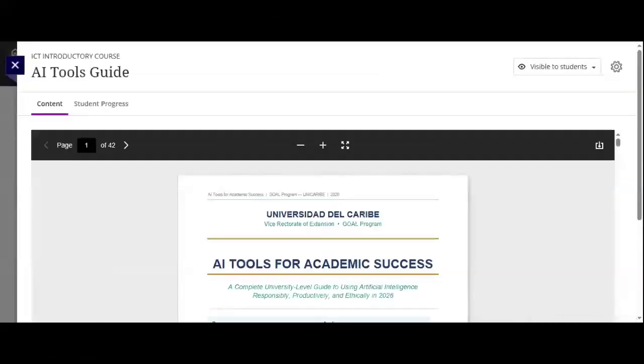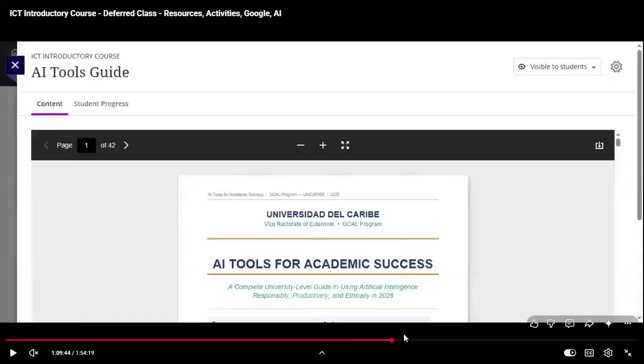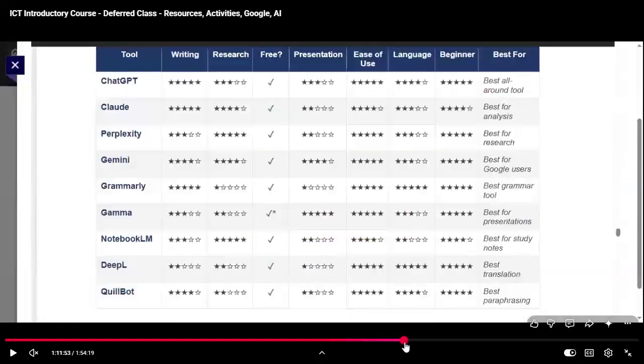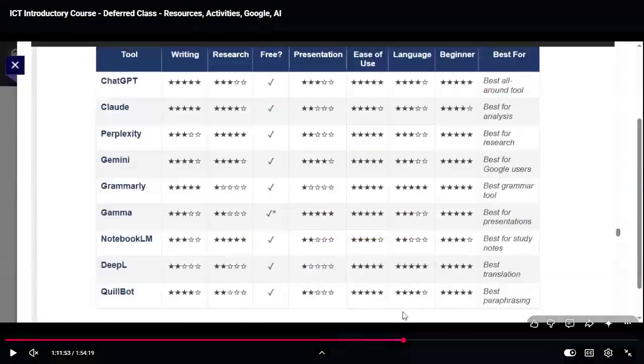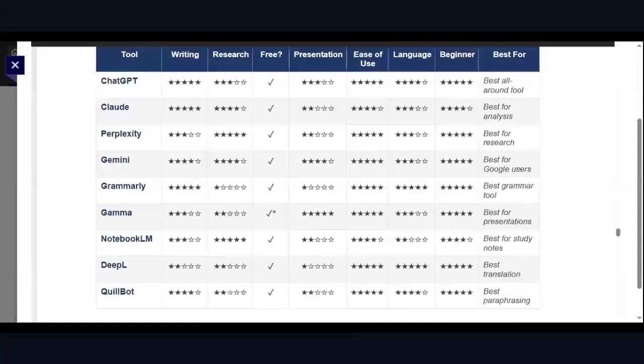Being successful, that's what we want. Okay? AI tools. I made the respective introduction. What are those AI tools for academic purposes?